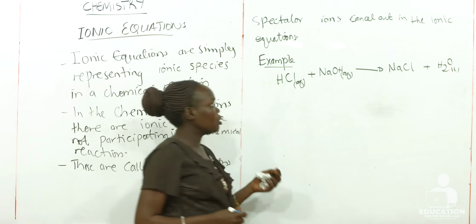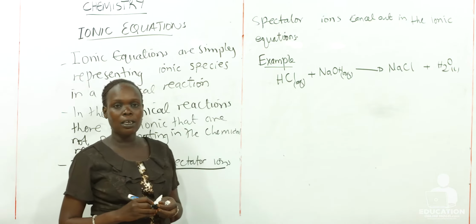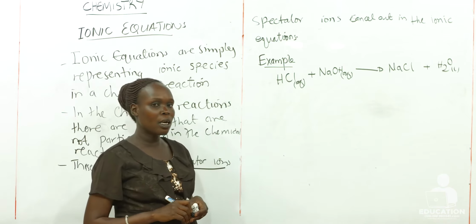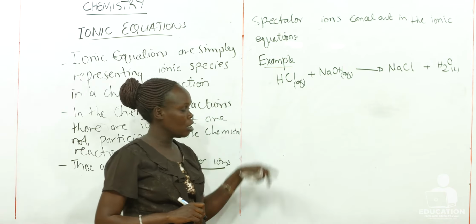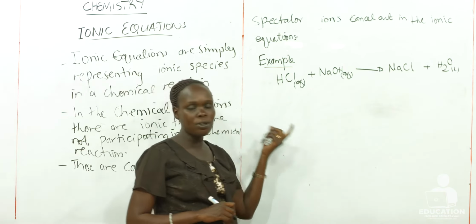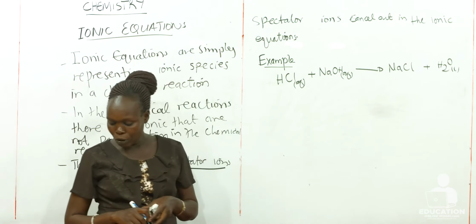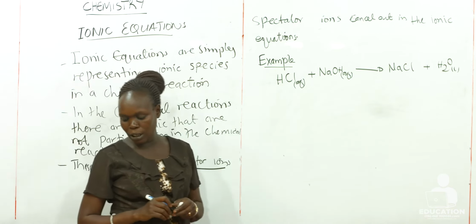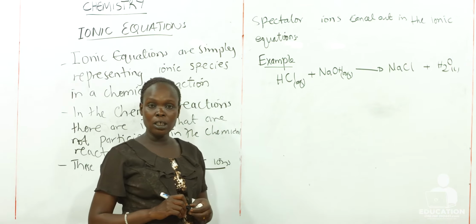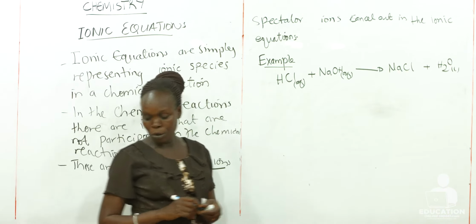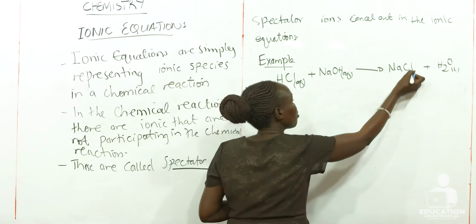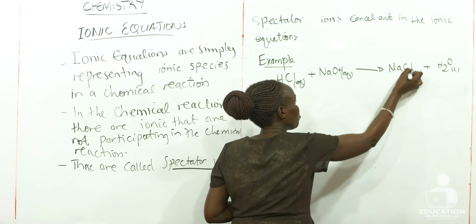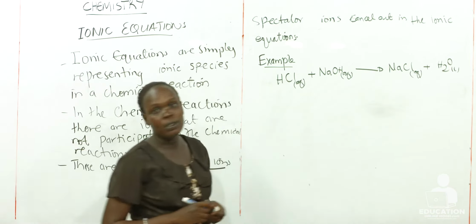Sodium hydroxide and hydrochloric acid is an acid-base reaction, and they neutralize to give us salt and water. Sodium chloride here is a salt and water is the byproduct. We consider sodium chloride as an aqueous solution.